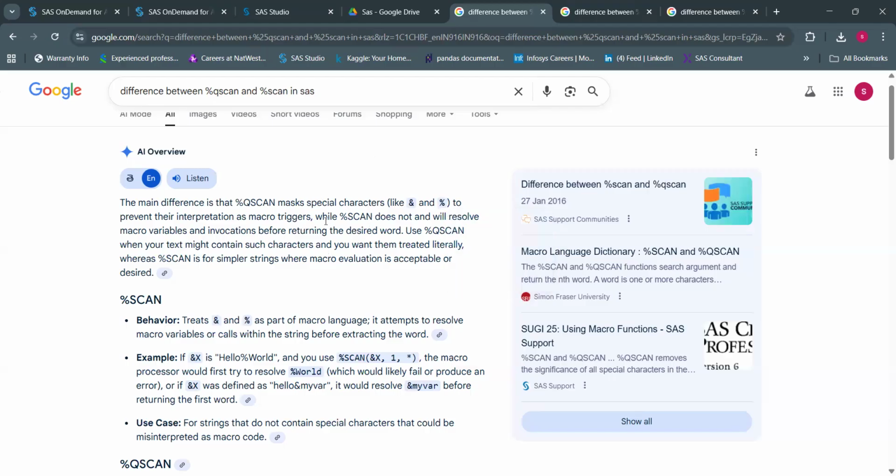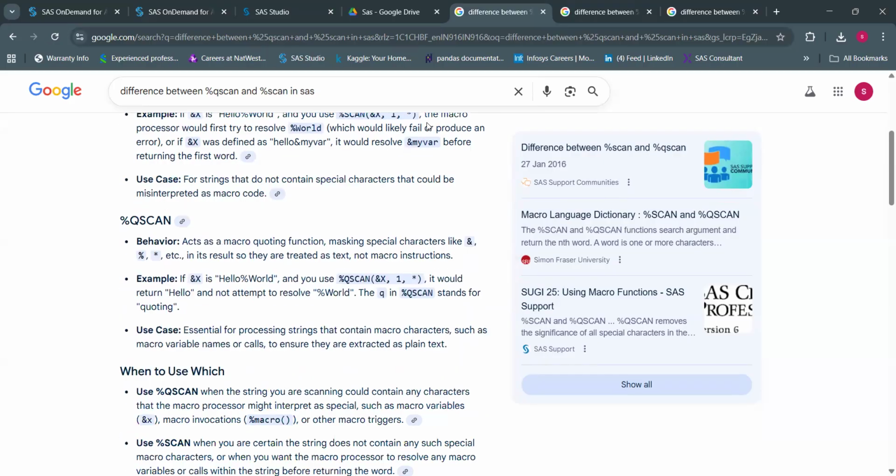While SCAN does not, and will resolve macro variables and invocations before returning the desired word. For example, we don't have any macro variable assigned to ampersand, but we provide ampersand in our data. It simply tries to resolve it, but it doesn't have any value, so it throws an error. That's the reason.